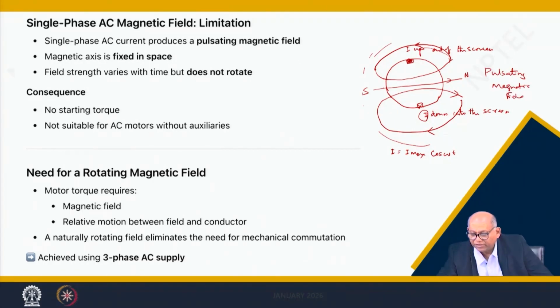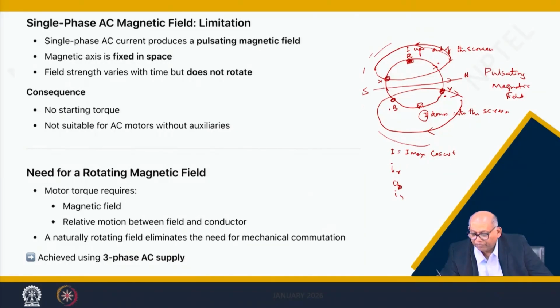Suppose you have a 3-phase winding, that means you can keep another winding here. Here the current is dot, this is cross, similarly another winding here, it is dot and cross here, and these are 3-phase windings. This is phase R, this is phase Y, this is phase B. In the R, Y, B phases you put 3-phase currents IR, IY, IB.